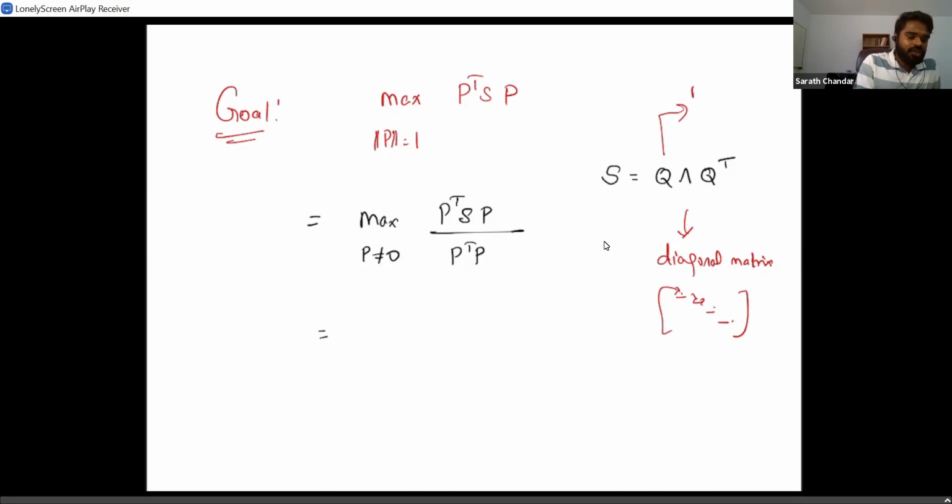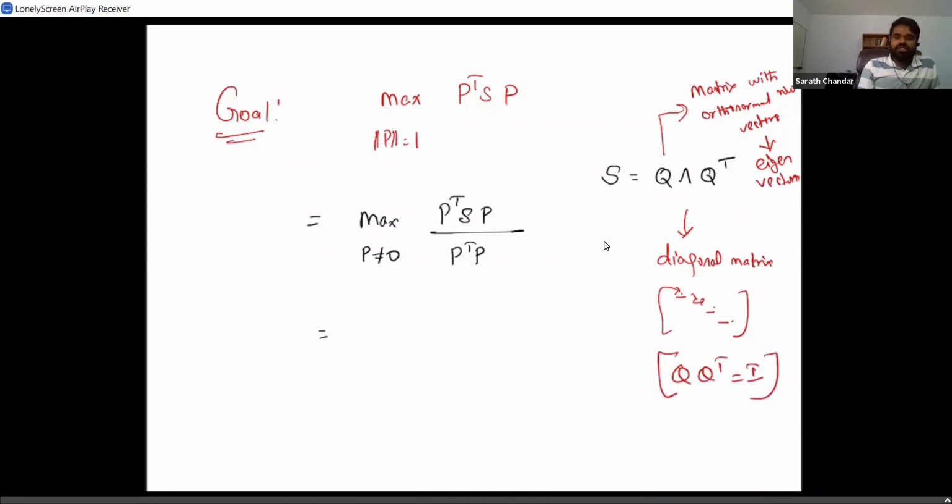It is a matrix with orthonormal row vectors, and these are basically the eigenvectors. Since this matrix is orthonormal, Q transpose Q is equal to I, an identity matrix.